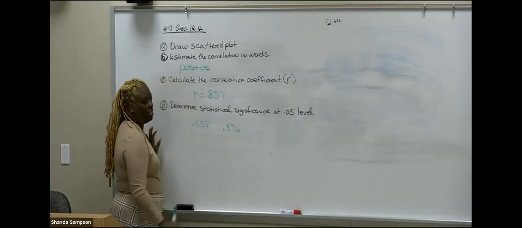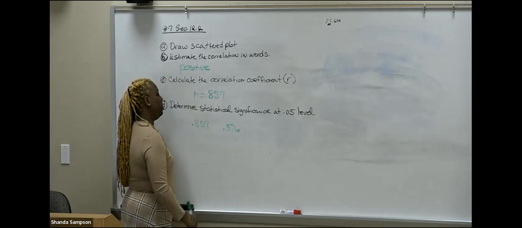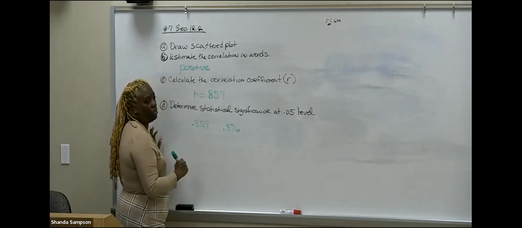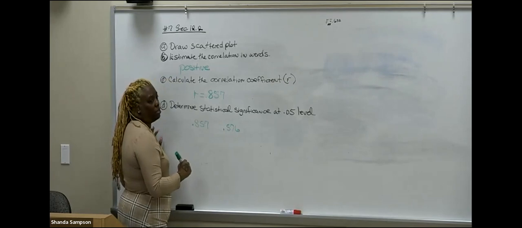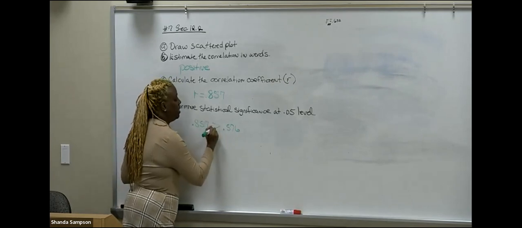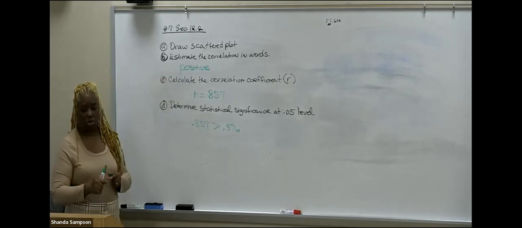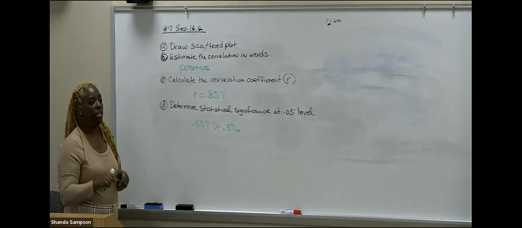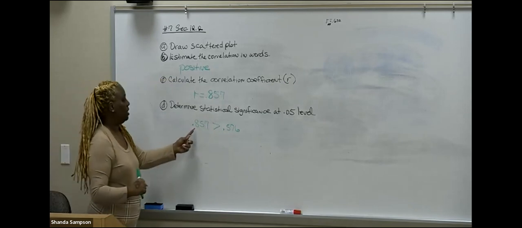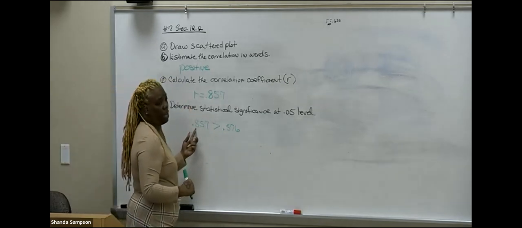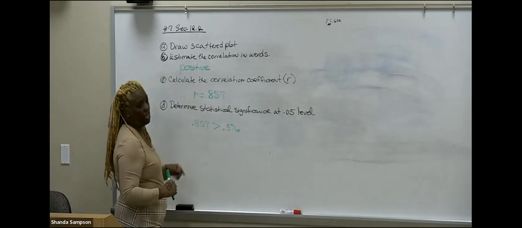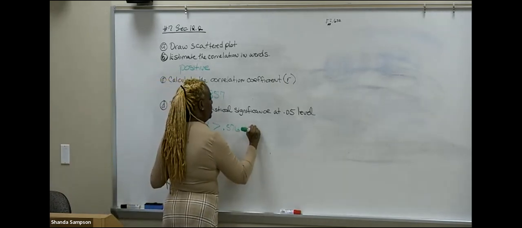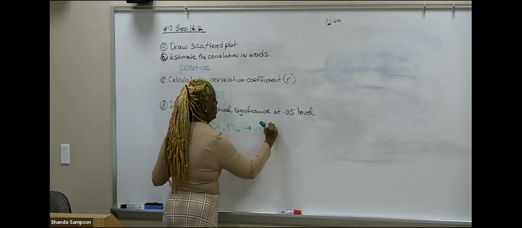Comparing 0.857 to 0.576, it's going to be greater than. So the question is, is this statistically significant? Yes, because the one you figured out from the formula is greater than the one from the chart. So the answer is yes. It is statistically significant.